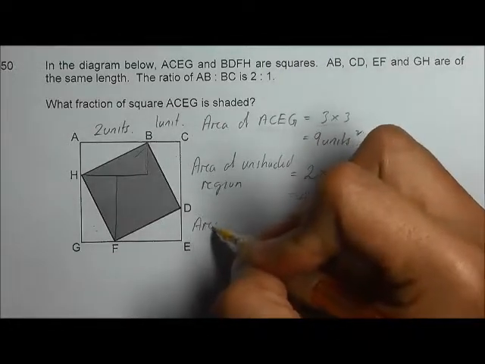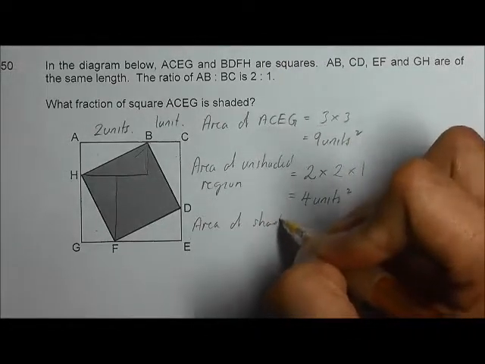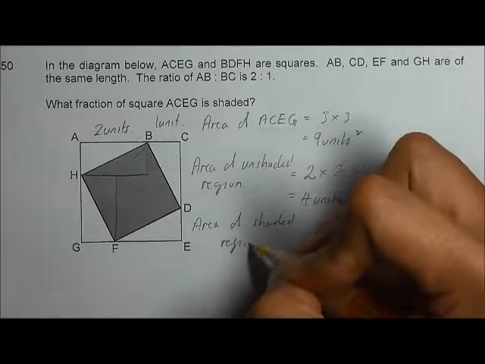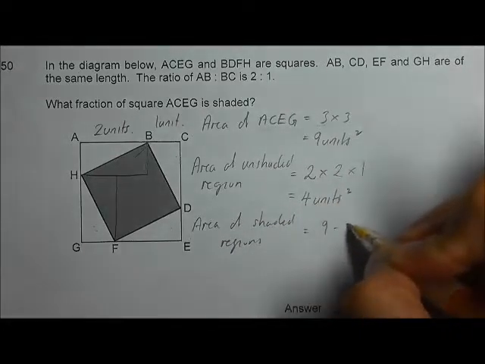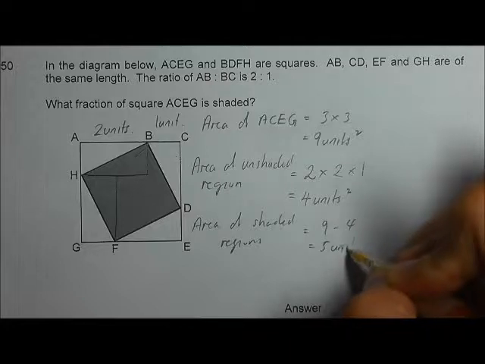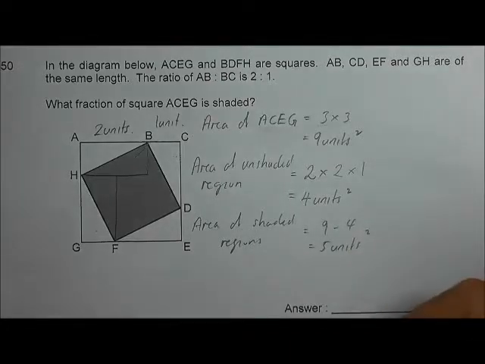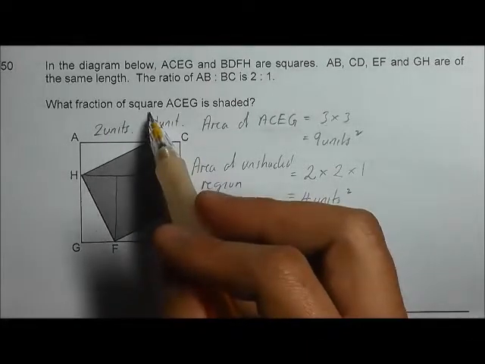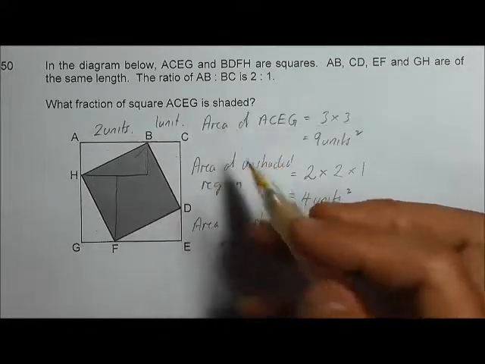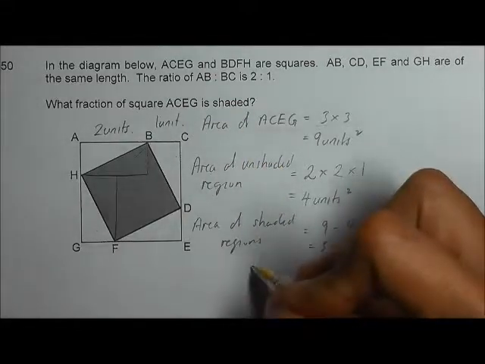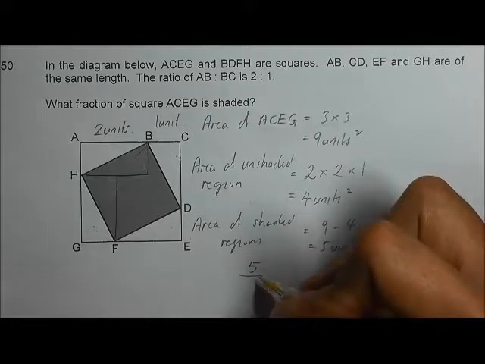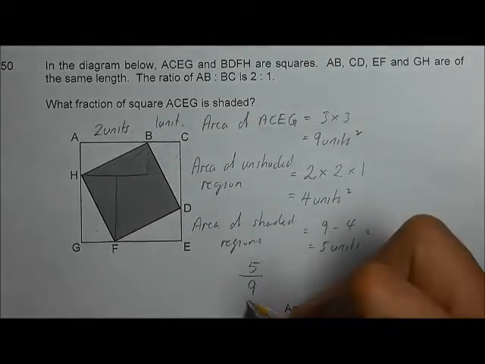So the area of the shaded region has to be 9 minus 4, which is 5 units squared. So what fraction of square ACEG is shaded? That will be 5 units divided by 9. That's the answer.